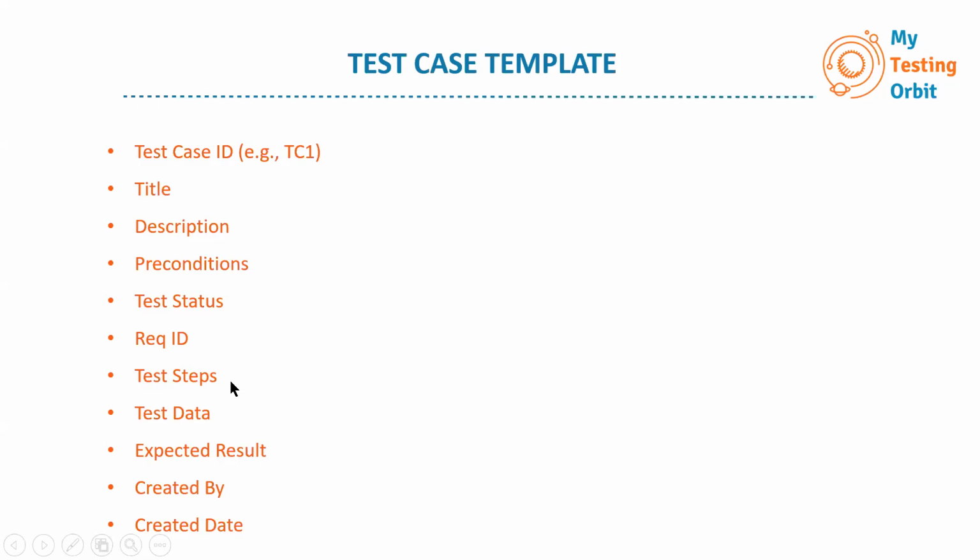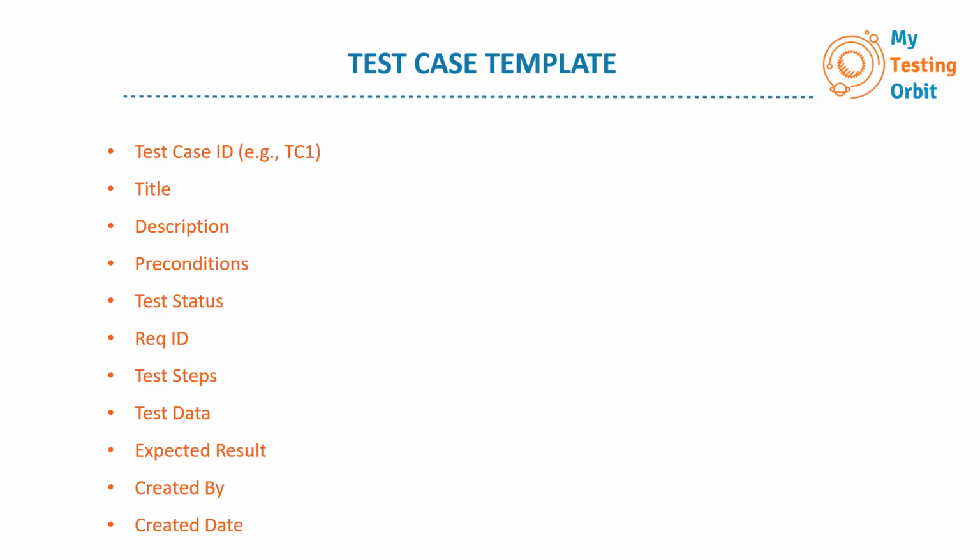Then come the test steps. We need to write the test steps of each test case, telling the user what to do. All the actions need to be there. Then it's test data. On each test step, if there is any data which the tester needs to input, we can add that in the test data. Then it's expected result.